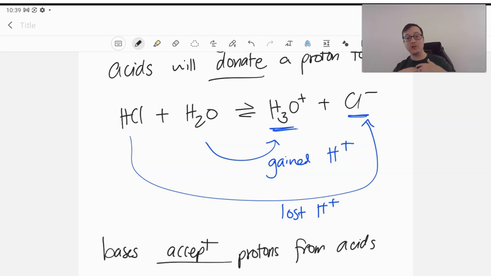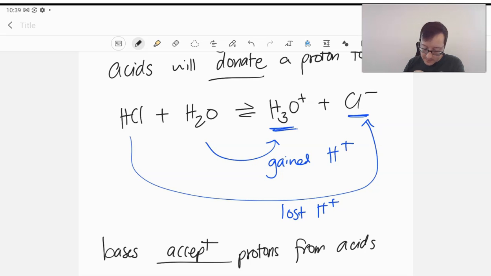Your acid will donate, it will give away a proton to your base. Your base will accept the new proton. And if we're just looking over the course of a reaction, your bases will gain protons, and your acids will lose protons over the course of a reaction. So we can identify them by looking at what's happening in a chemical reaction.